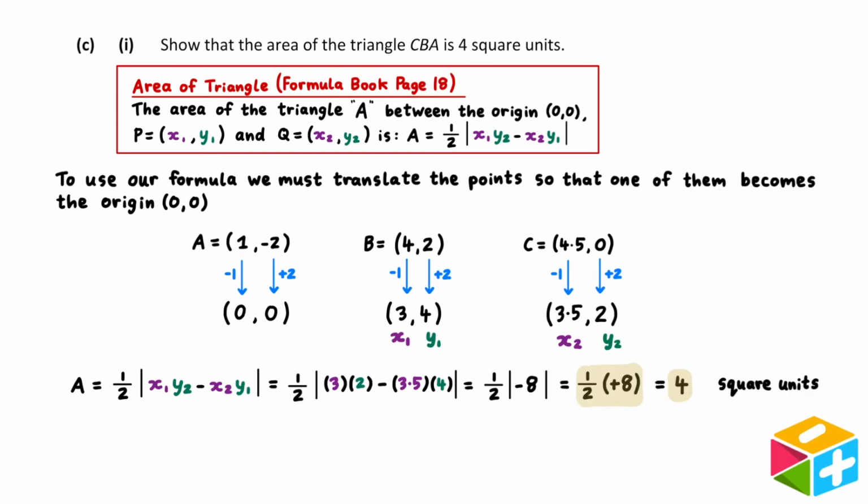A half times +8 is +4. Since this represents an area, our unit here is square units. We were asked to show that the area of our triangle CBA is 4 square units. And that's precisely what we've done.